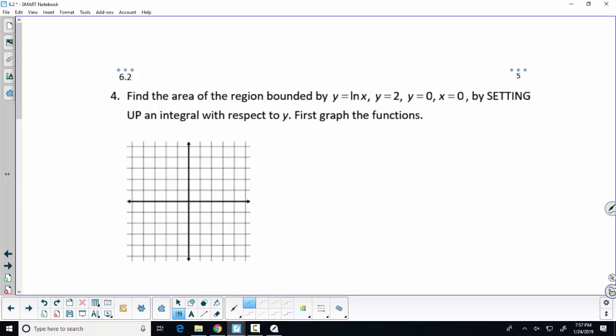All right, ln x. Let's just try our best here. So there's ln of x. y equals 0, which is the x-axis. We have all of this. x equals 0, and y equals 2.